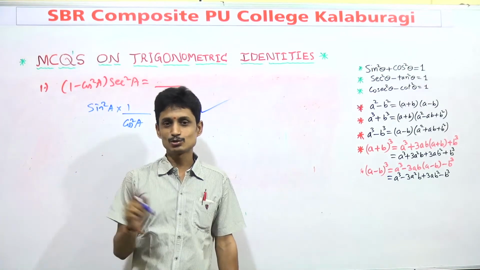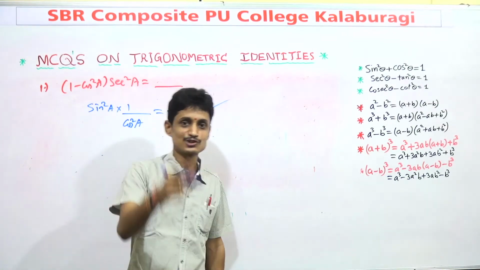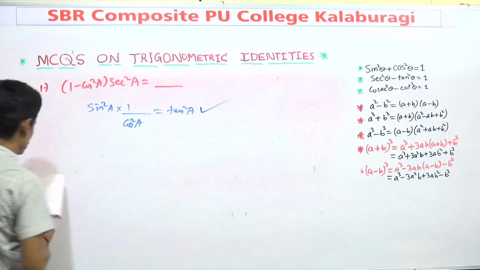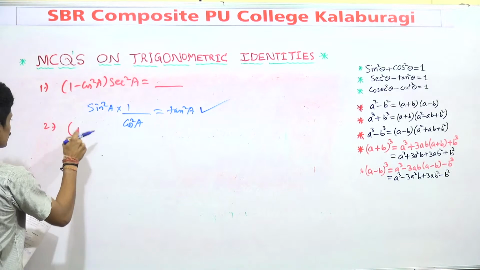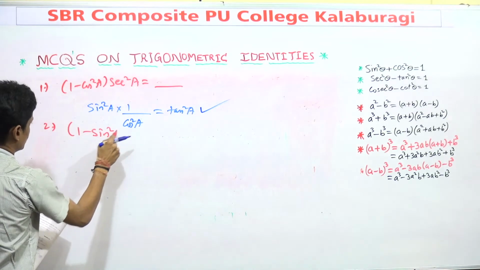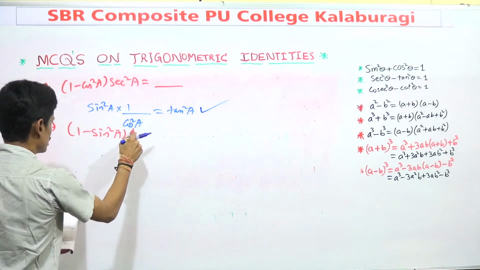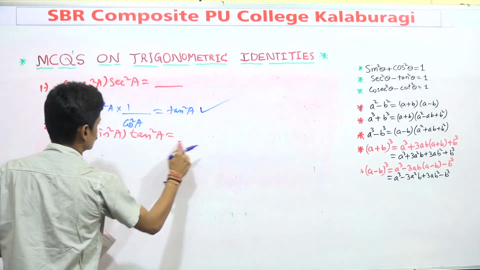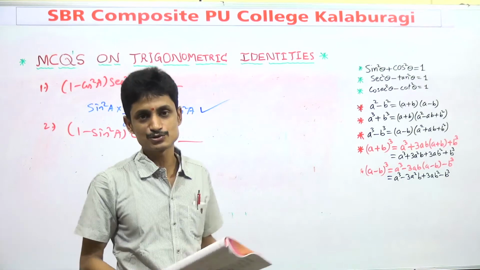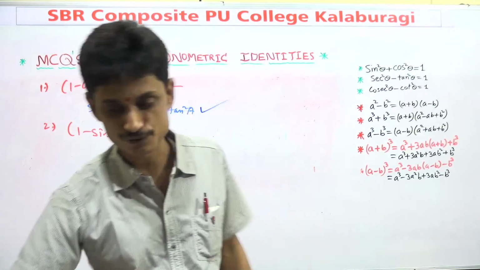Like this, in only one step you give me the answer for the next question. Get ready. Question number 2 is 1 minus sin square A into tan square A equals. Only one step, no further conversions. Give me the answer first.